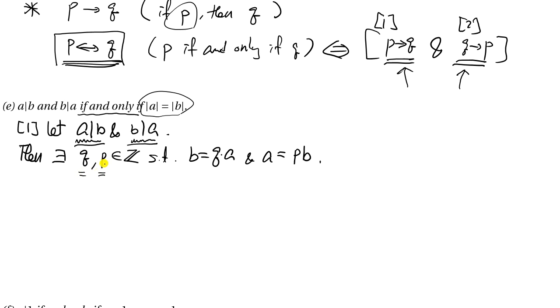They might be the same number. There are no conditions whatsoever, just integers. So there must be two integers satisfying these two equalities.